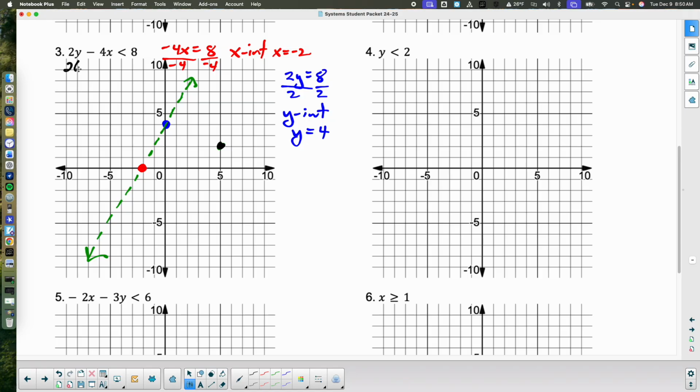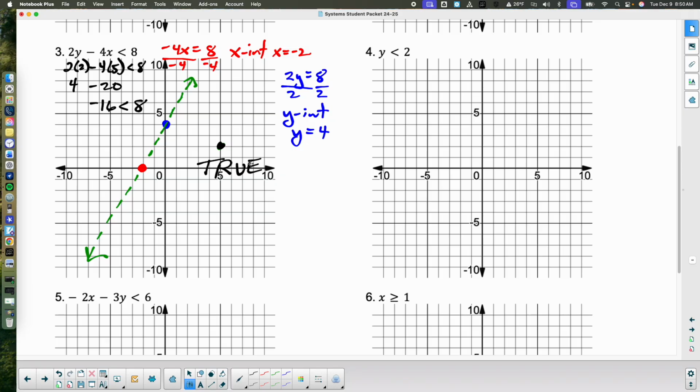So 2 times 2 minus 4 times 5, is that less than 8? So 4 minus 20, that's negative 16. Is that less than 8? Rowan, is negative 16 less than 8? Yeah. Perfect.